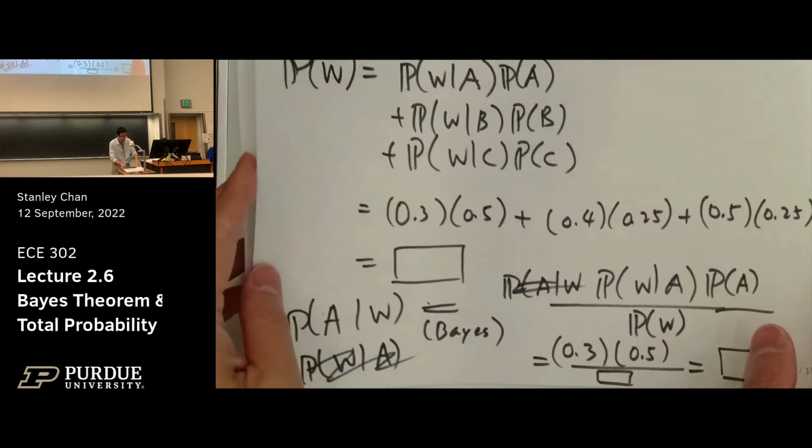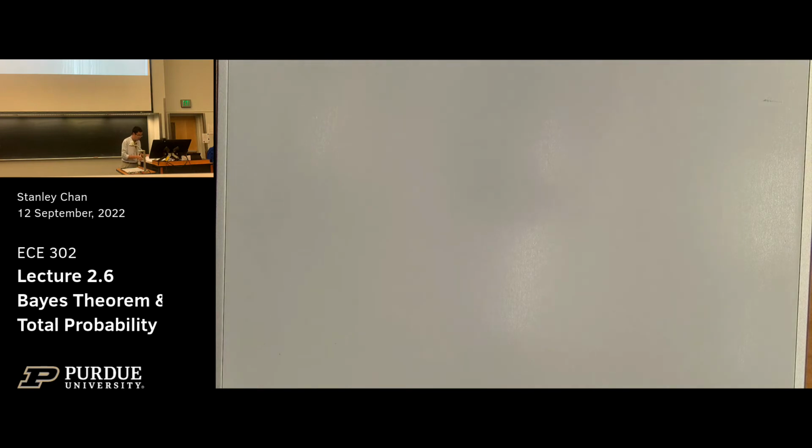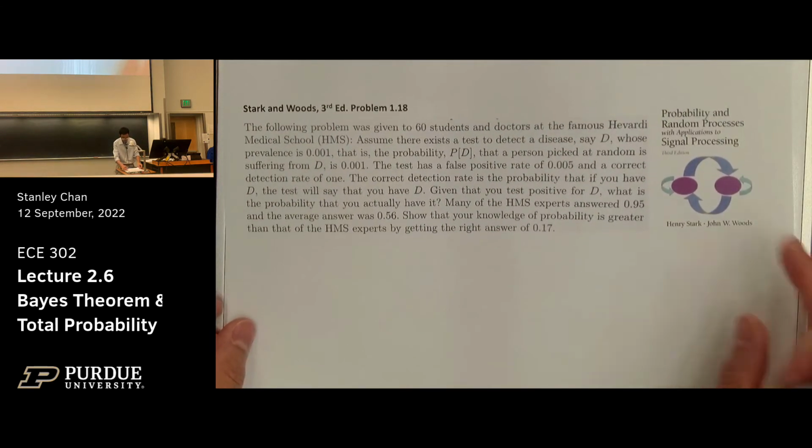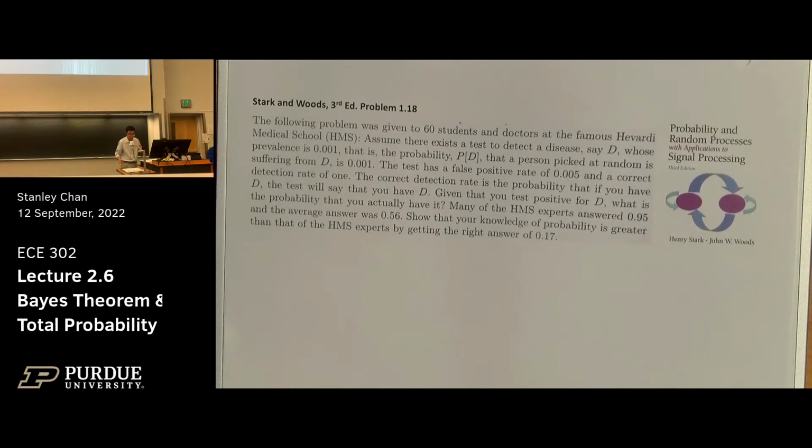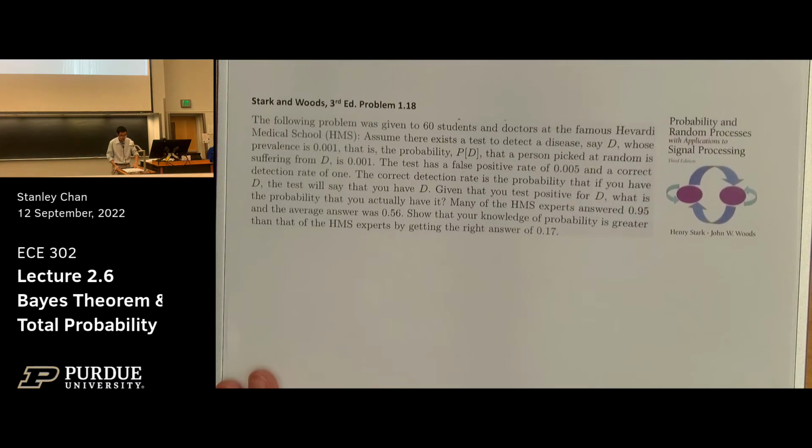Okay, good. Now, I have another example here, but I want to show you something even more practical. So here is another very interesting example, taken from this book. There are 60 students in a medical school, HMS, of course, the author changed the name so that it doesn't overlap with another famous HMS.